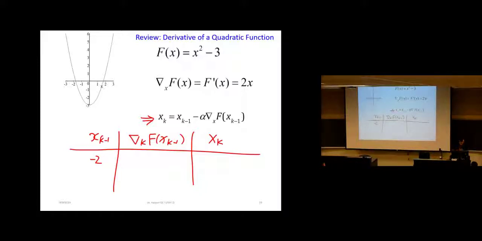Then what is my gradient? We just did the calculation. It's -4, right? And then what is my x_{k+1}? What is my minus x_k? It's -2, assuming my alpha equals 0.1.